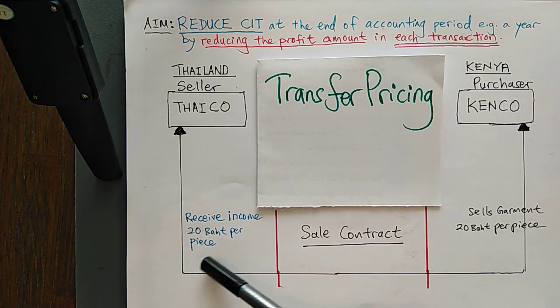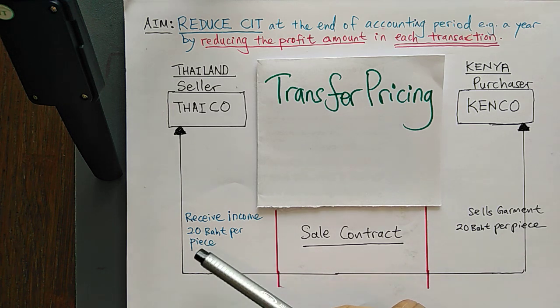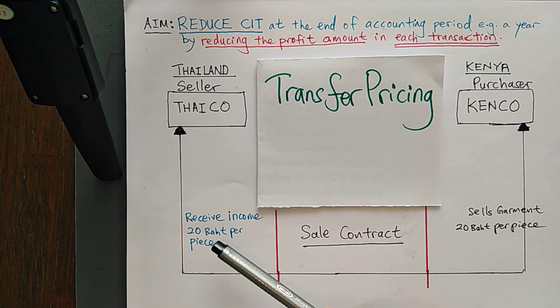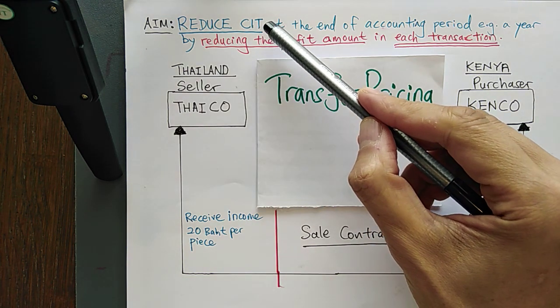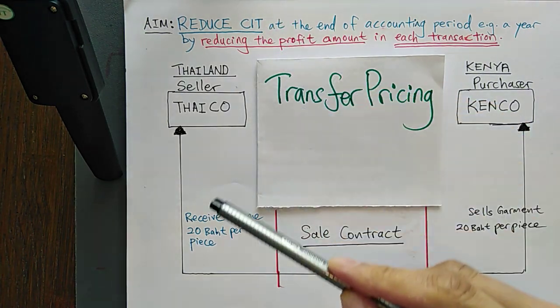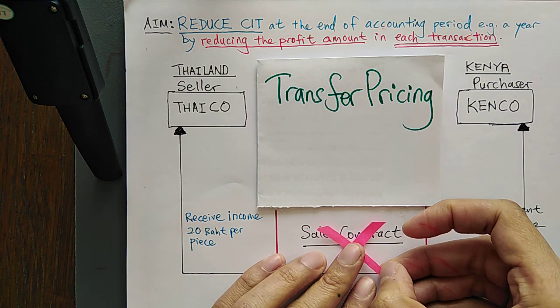Now, if this 20 baht per piece goes into your income, this 20 baht comprises profit. And this could, at the end of the year, add up to your net profit for the company, and thereby expose Thaiko to corporate income tax. So for the purposes of international tax planning, you would not want to have this transaction taking place.